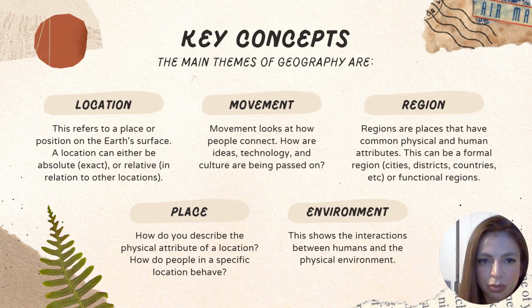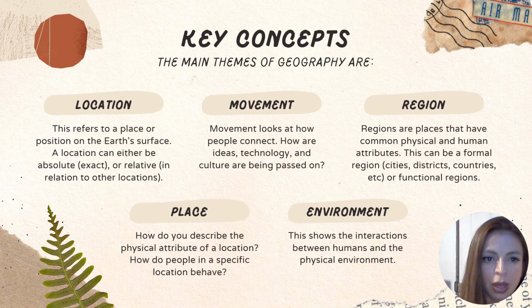The movement basically refers to how people connect to each other, how our ideas, technology and cultures in that area, and how information is passed on from one person to another.